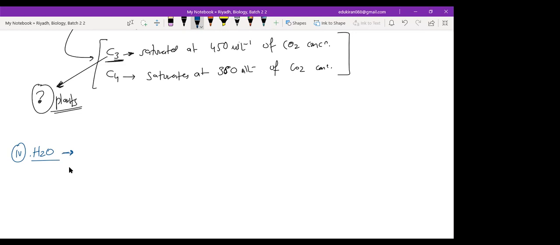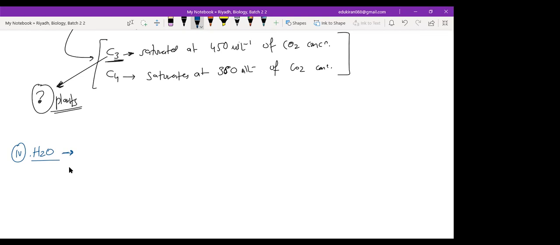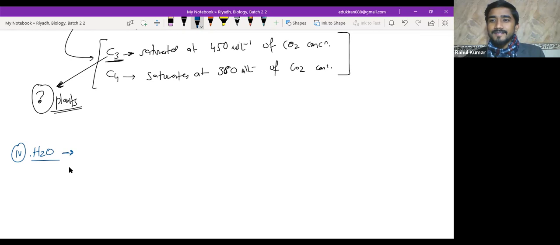Sir, the plant stresses if there is less water. Then what happens? How does it affect? The stomata closes. Yes. And then what happens? Transpirational pull won't happen. Then what? Nothing. Okay.